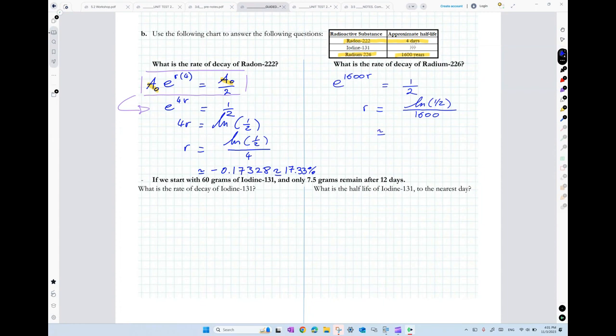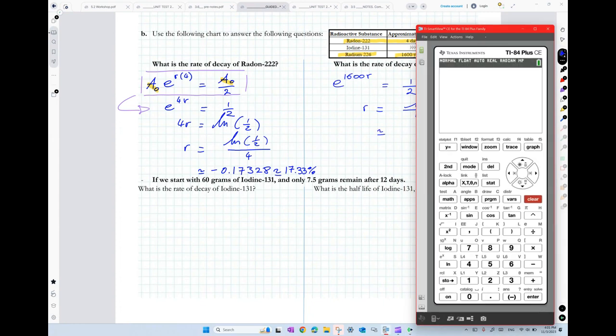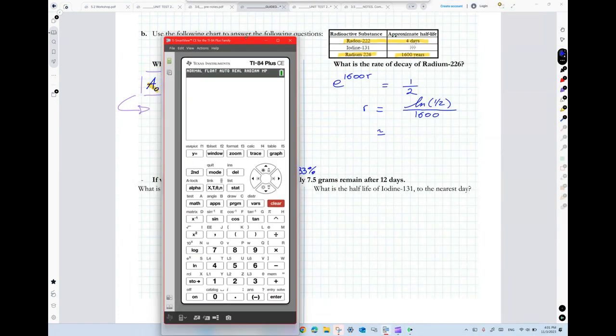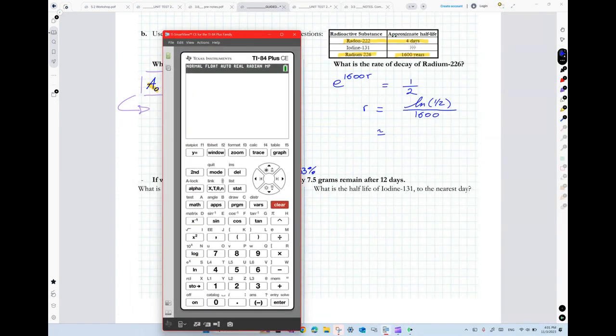And if I punch those numbers in my calculator, I would have ln of 1/2 divided by 1600.